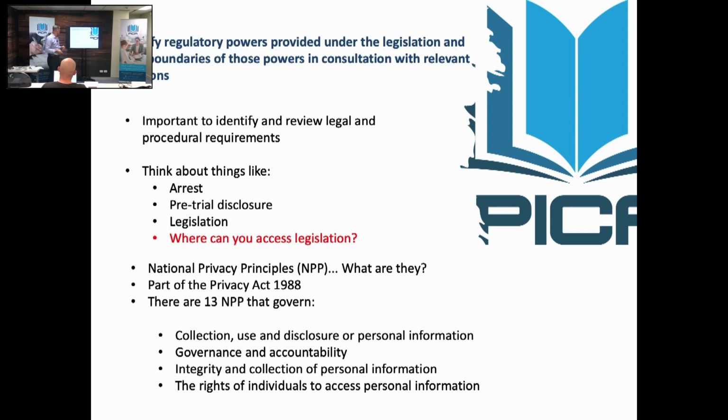So there are the national privacy principles which are embedded in the Privacy Act, which you need to know really well. And they deal with personal information and sensitive information. And they deal with the collection and use of disclosure, governance and accountability, integrity and collection of personal information, and the rights of individuals to access.